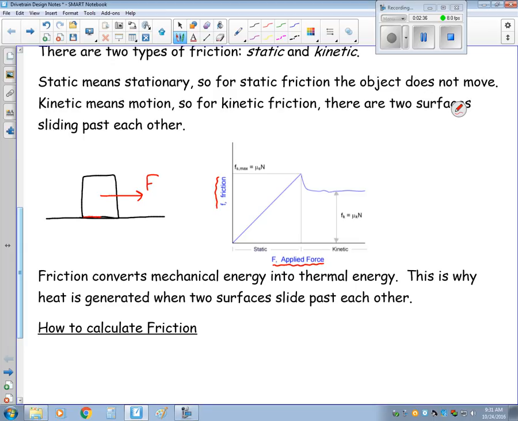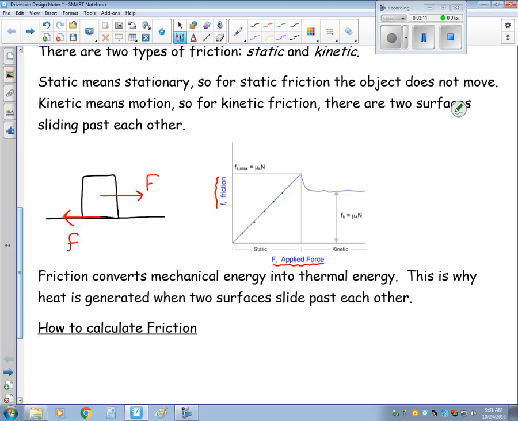The friction would be the force between that box and the surface. As you start pulling on the box, because friction is a reacting force, the static friction pulls back against you. And the harder you pull on this box, the greater the friction is between the box and the floor.